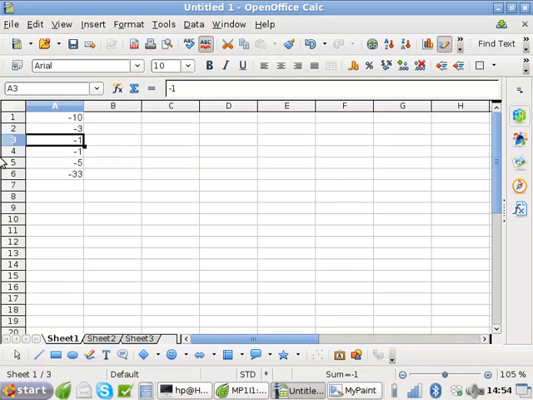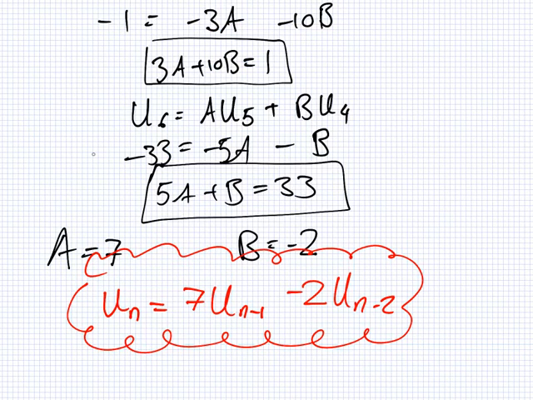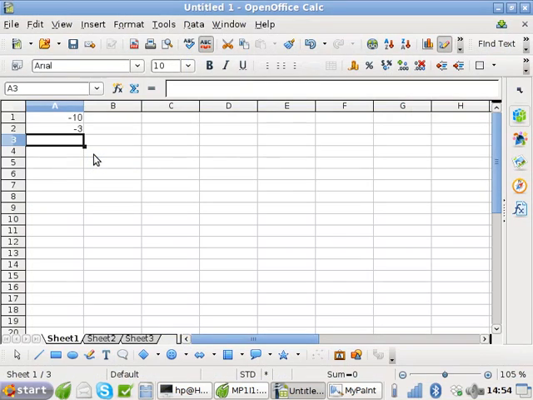So for example, let me just delete these ones here. Alright, so I'll type in my formula. Did you write down my formula? Because I need you to read it back to me. So what's the formula equal to? It's 7 times the last one, which in this case will be minus 3, plus, what's the next one?